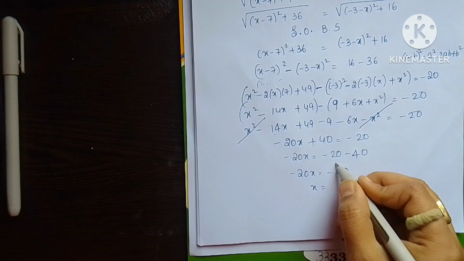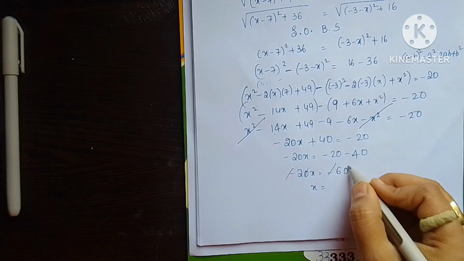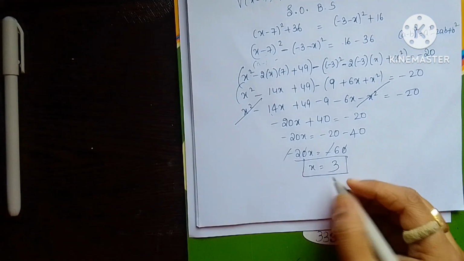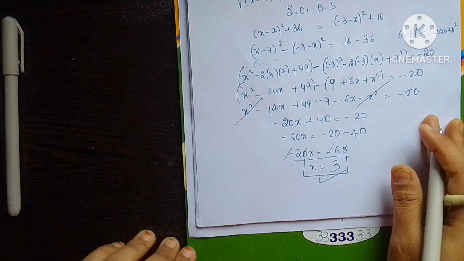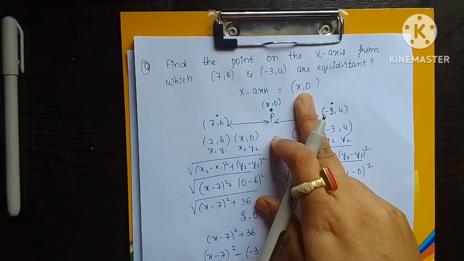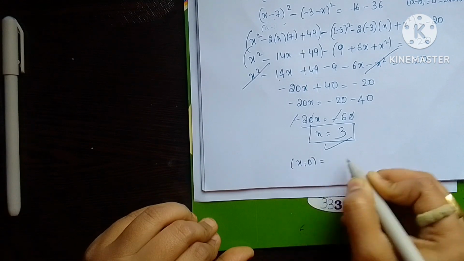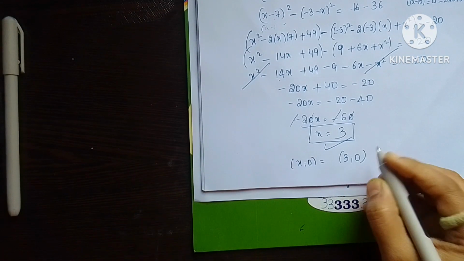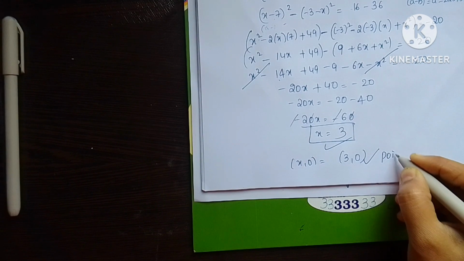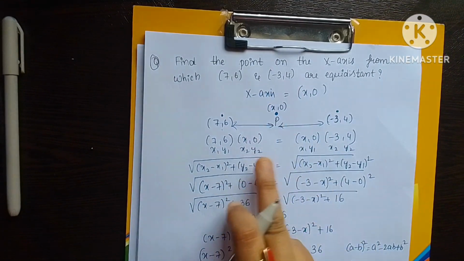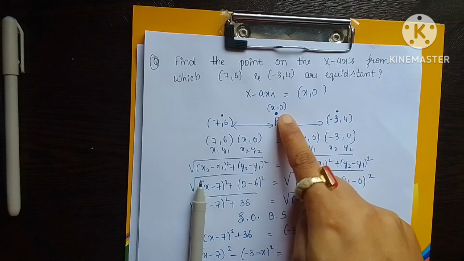So x is equal to 60 by 20, zeros cancel, 6 by 2, x is equal to 3. So the coordinate (x, 0) is (3, 0). So we have found the point which is equidistant from (7, 6) and (minus 3, 4). Here it is (3, 0).